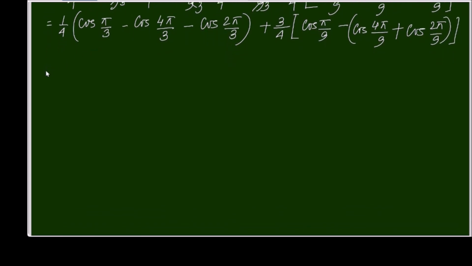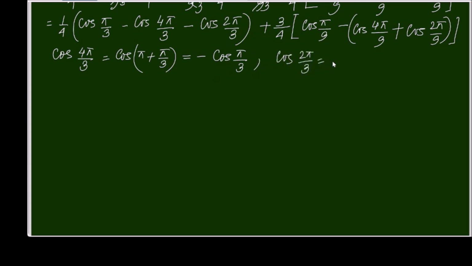So now how to simplify? Here I'll put this formula. Cos 4 pi by 3 is nothing but cos of pi plus pi by 3. We are in the third quadrant, so that is negative cos pi by 3. And cos 2 pi by 3 can be written as cos of pi minus pi by 3. That is in the second quadrant, again it will be minus cos pi by 3.